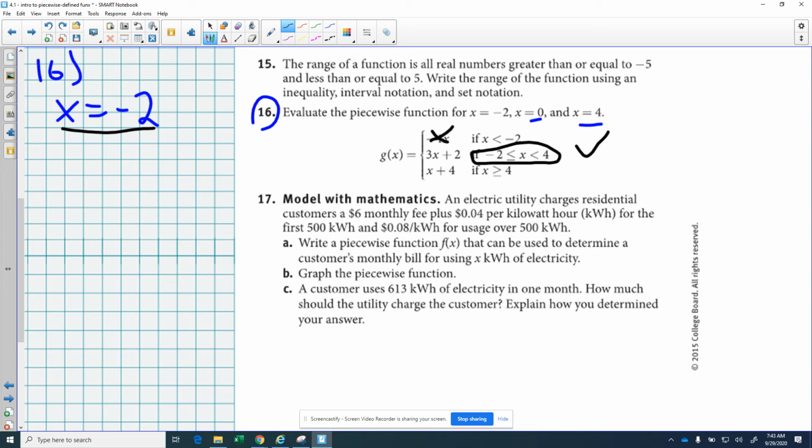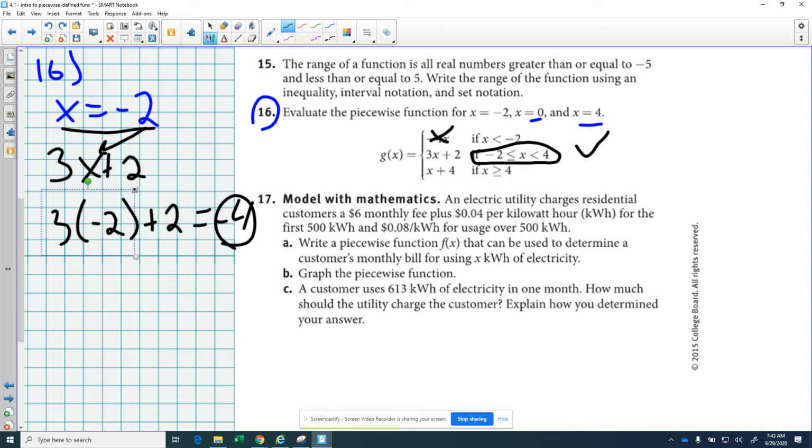So I'm going to take 3x plus 2 and plug the -2 in for the x. This would become 3 times negative 2 plus 2, or in other words, negative 6 plus 2, which equals negative 4. And that's the answer for the first one.